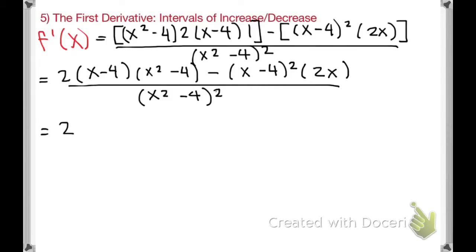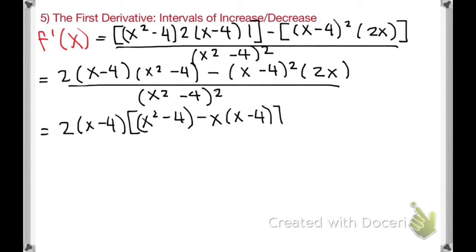Now what we can do from here is factor out an x minus 4. So you're going to get 2 times x minus 4 times the quantity x squared minus 4 minus x times the quantity x minus 4, and all of that over our denominator of (x squared minus 4) squared.